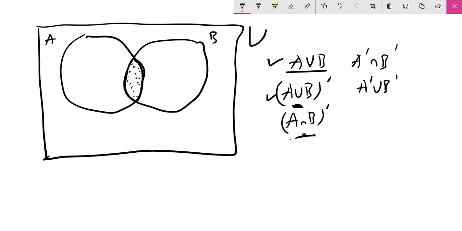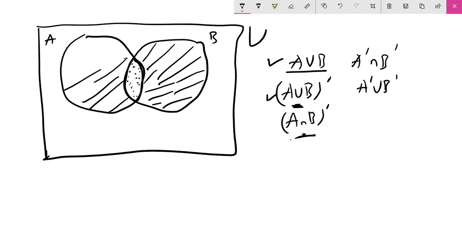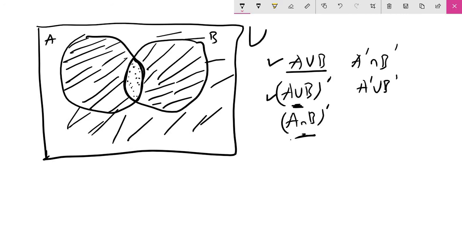Now the complement of that will be all of the elements other than that. It can actually include everything else outside, everything else other than the overlapping region.